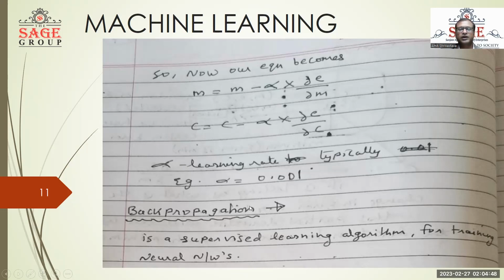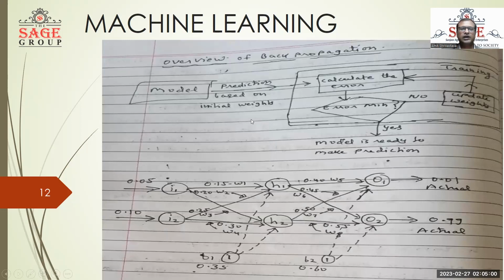Now backpropagation is a technique used in supervised learning algorithms for training neural networks. First of all, let us look at what we mean by backpropagation and how it works. This is our model. We are predicting outputs based on the initial weights.